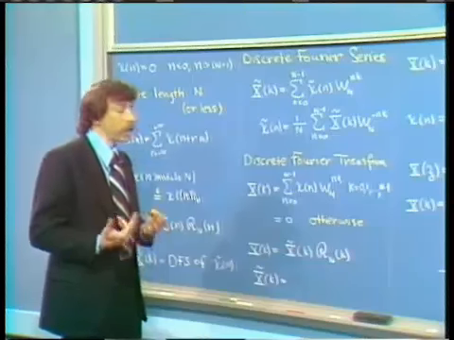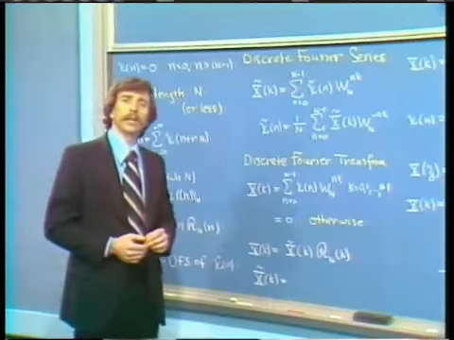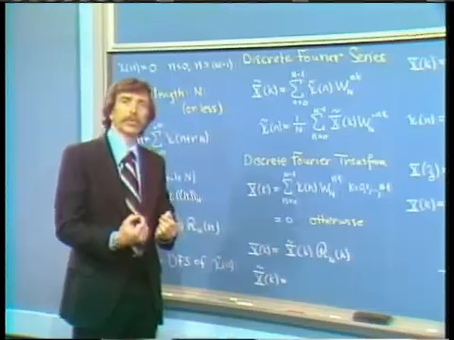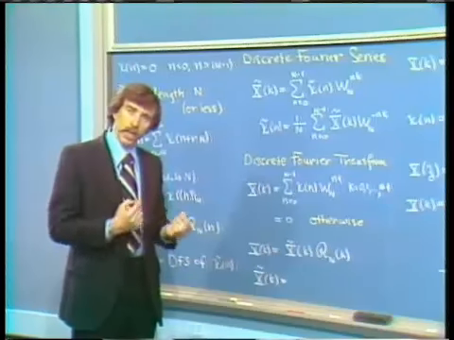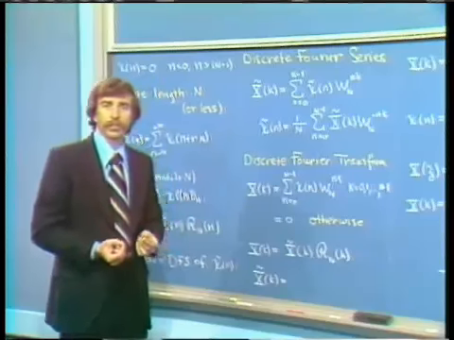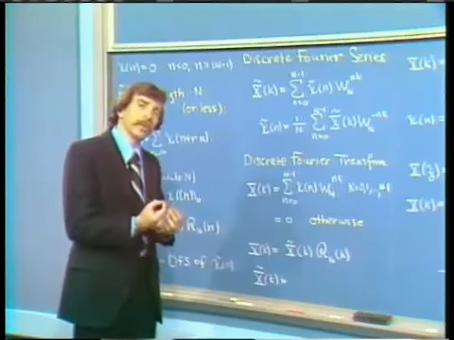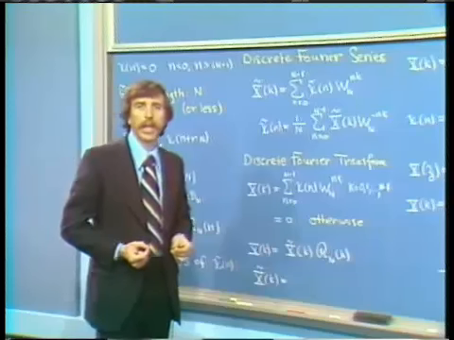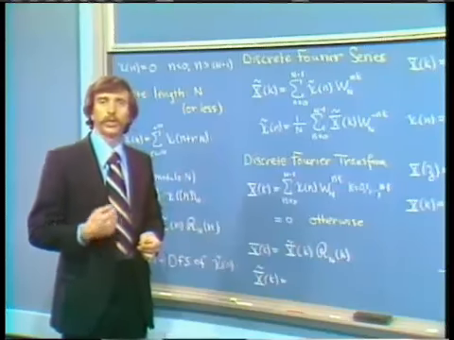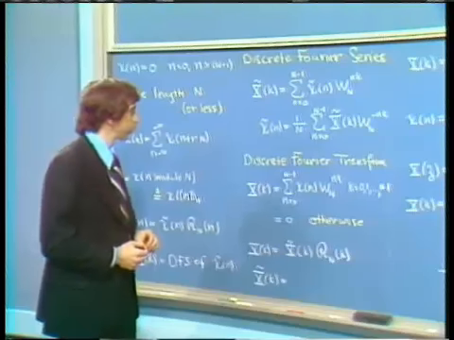And basically the idea is that we can convert the finite length sequence to a periodic sequence. We've seen how to do that and go back and forth. Generate a Fourier series representation for that, and then simply interpret the Fourier series coefficients as what we'll call the discrete Fourier transform of the finite length sequence.